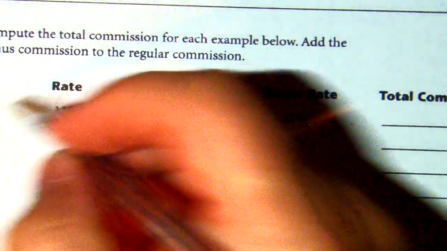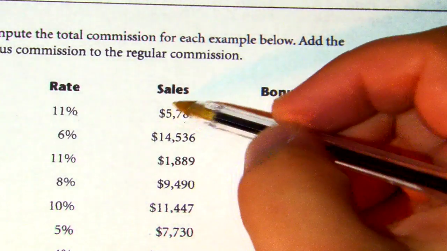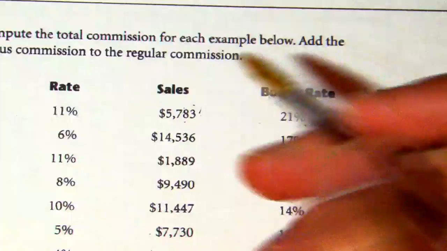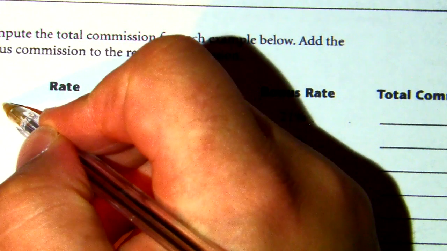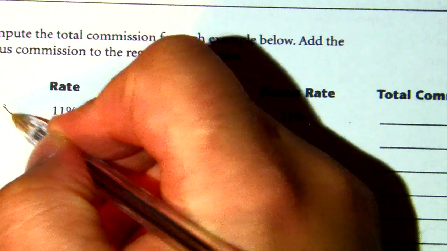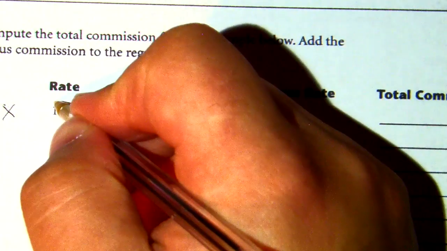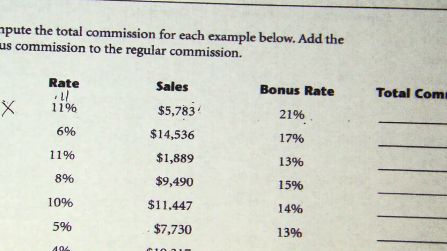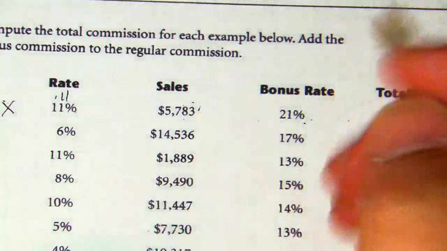So first, since your sales were 5,783, I know I met my quota. So I can just multiply this going across. So 5,300 times 11%, which is 0.11. 5,300 times 0.11, and I get 583.